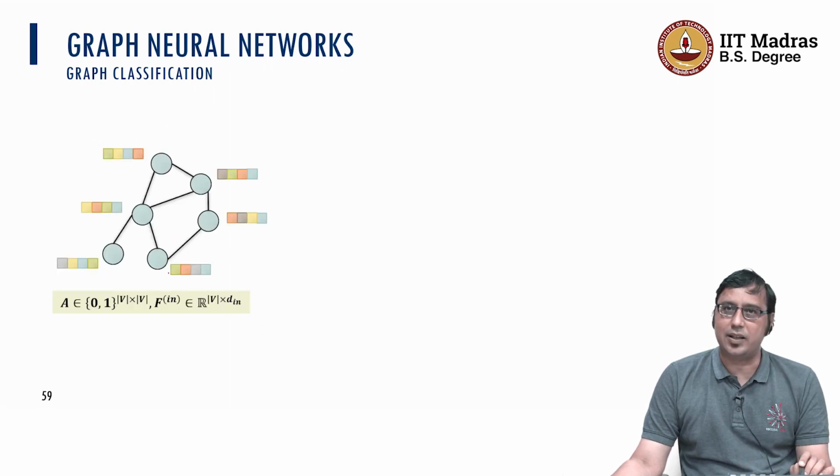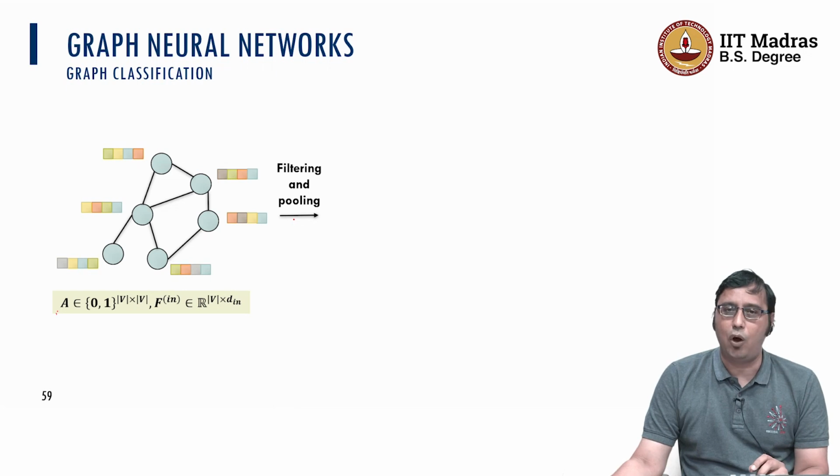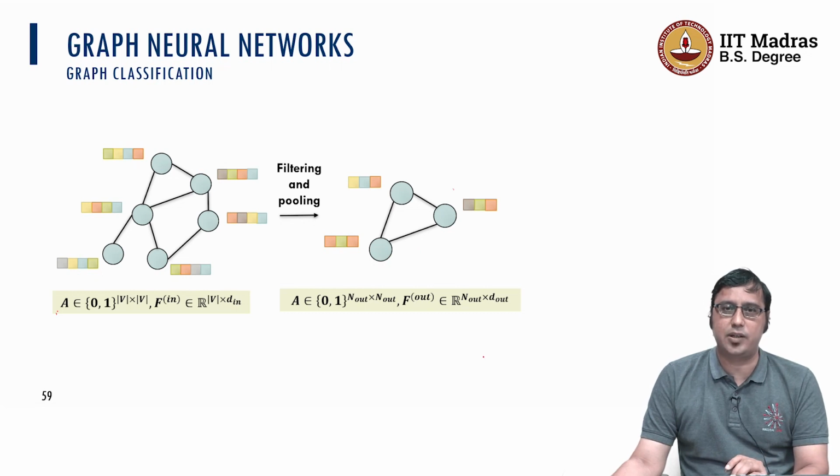So let's look at how graph classification is performed. We have an input graph with A as the adjacency matrix and F in as the input features for each of the nodes. We apply a set of filtering and pooling operations to obtain an intermediate coarsened graph and the corresponding adjacency matrix and feature vector.